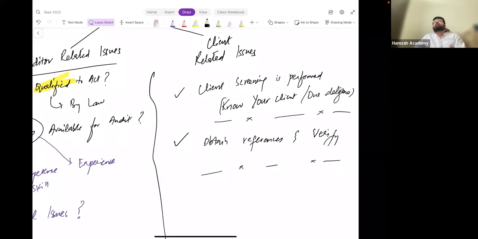We say, okay, you want us to audit your company, give the references of the person who can give us information about you. Who can give us information about you?